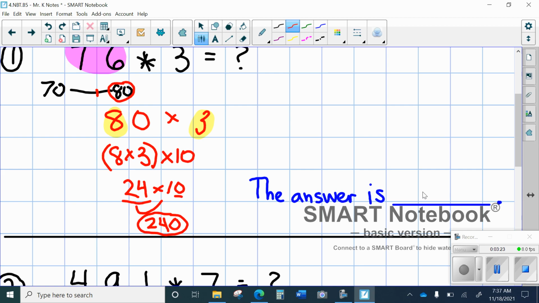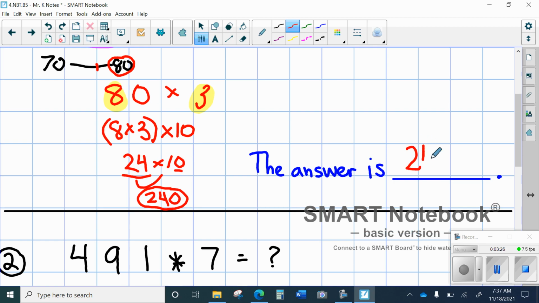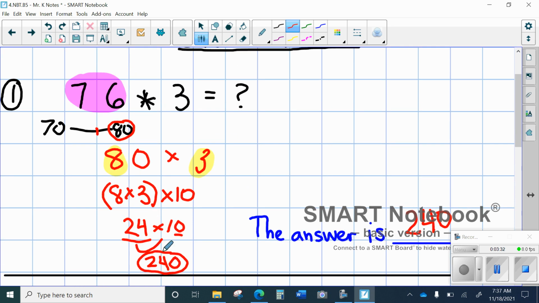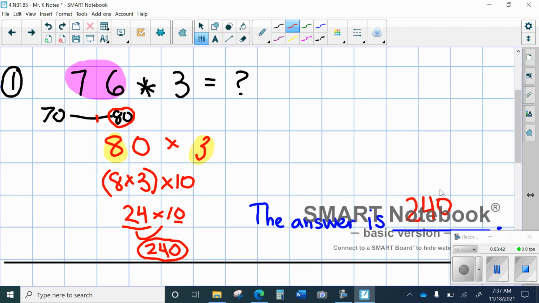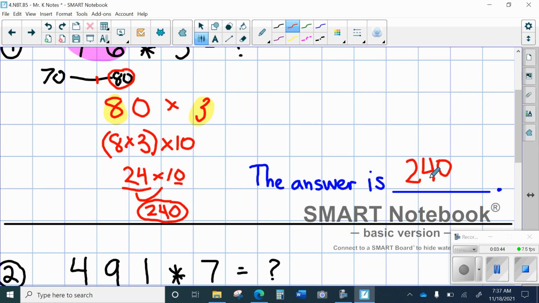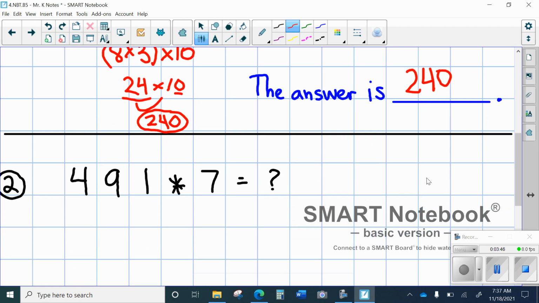So our estimated answer is 240. Again, we rounded first, and then we multiplied, and we used what we learned about the associative property and how to multiply to get a rounded answer. Fantastic. Let's do another one.